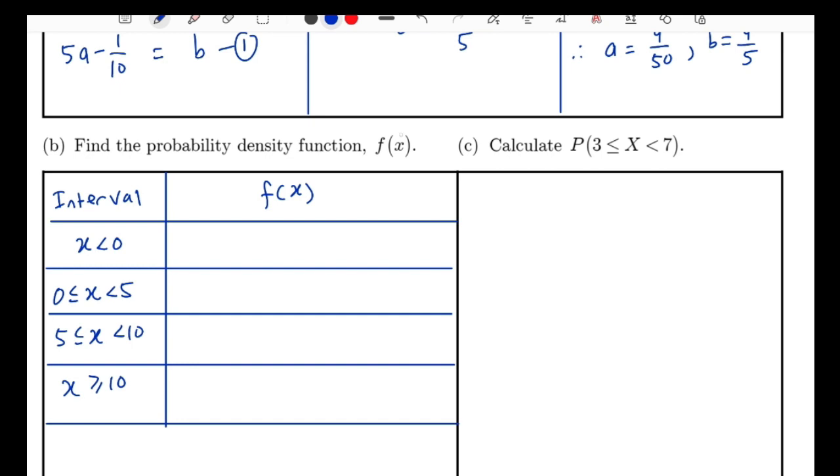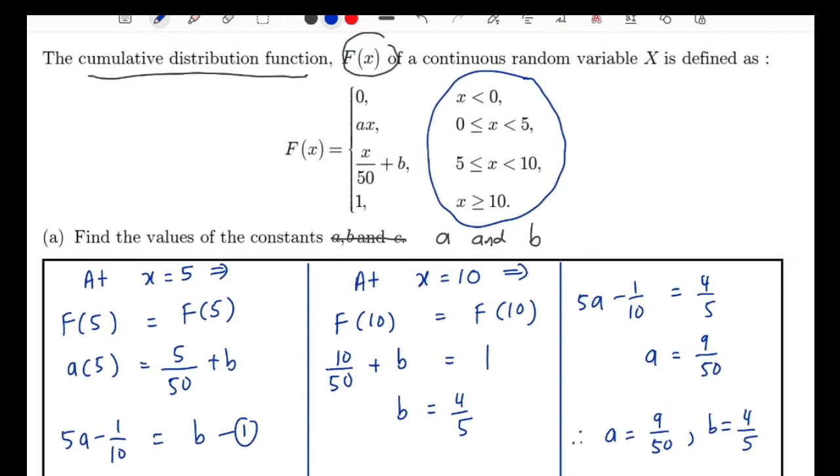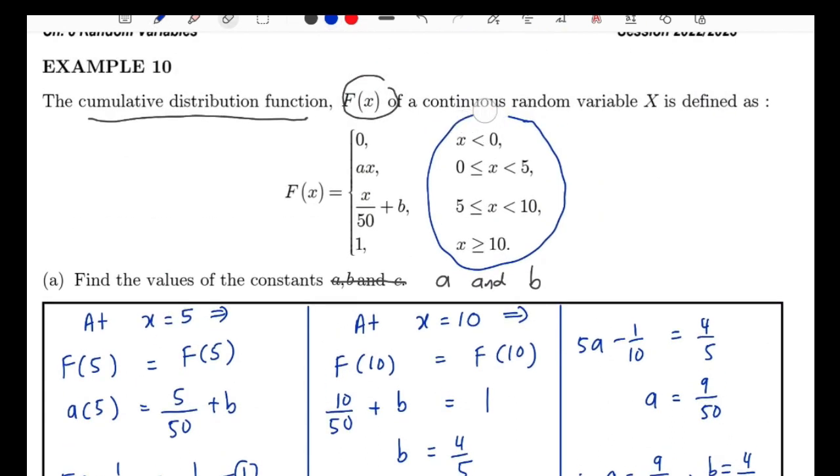So in order to find the f(x) from the cumulative distribution function, we need to differentiate the cumulative distribution function. By differentiate, I mean for the first interval, at x less than 0, we need to differentiate 0.